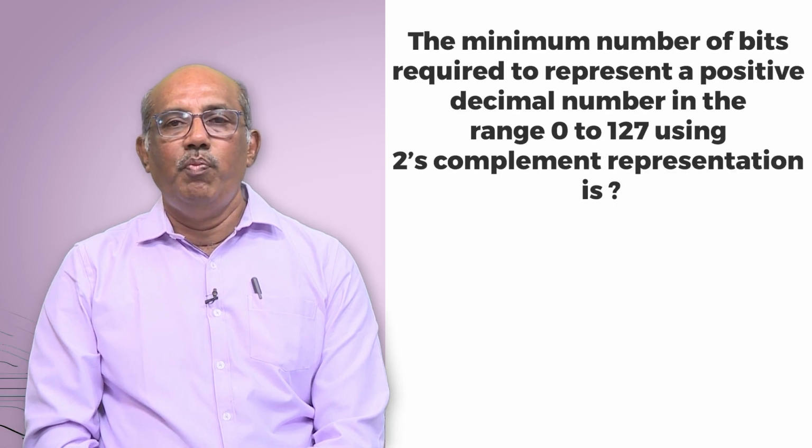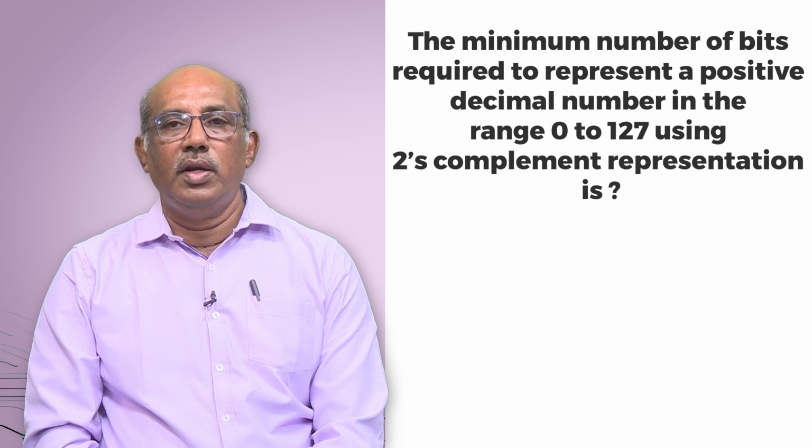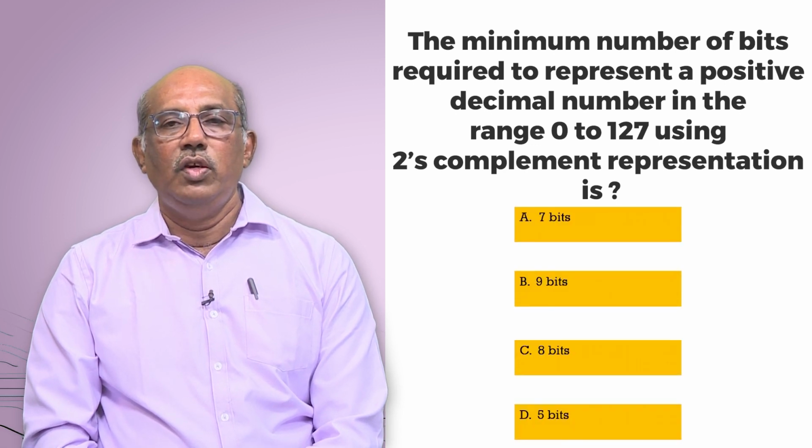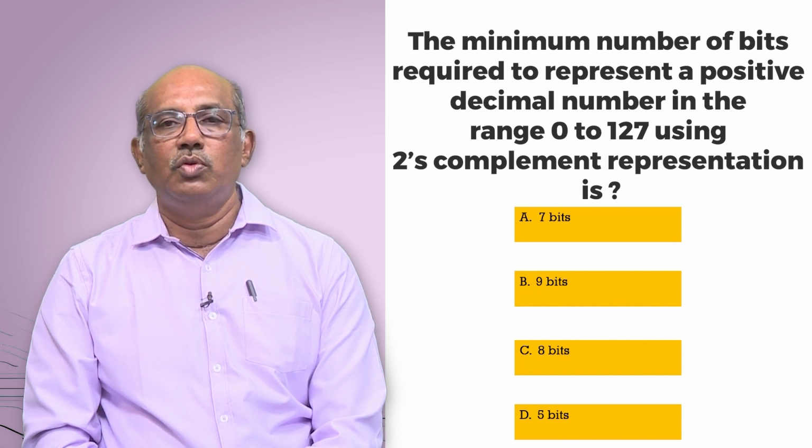The minimum number of bits required to represent a positive decimal number in the range 0 to 127 using 2's complement representation is? If I use 7 bits, the maximum is 2 raised to 6, that is 64, minus 1, which comes to 63.